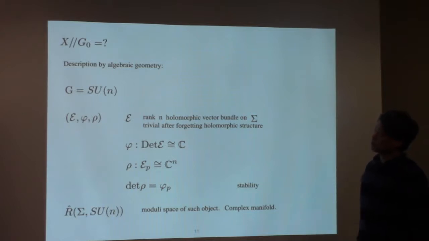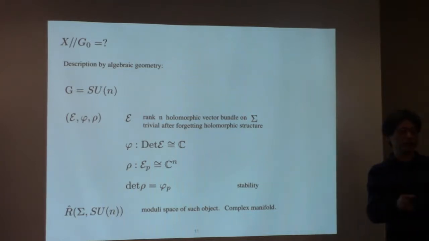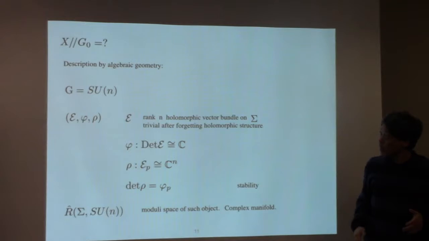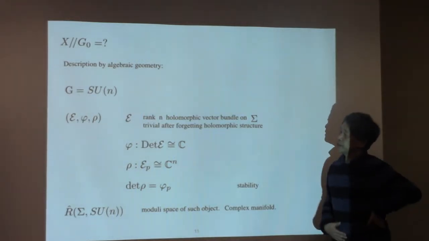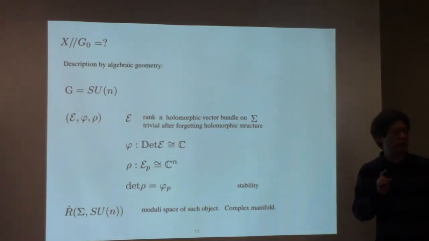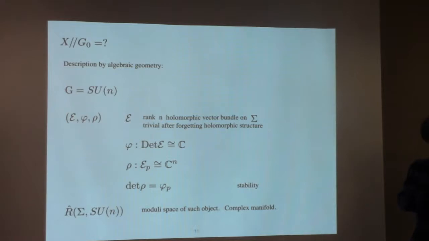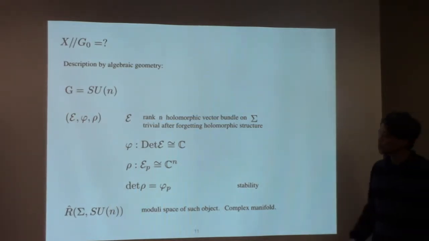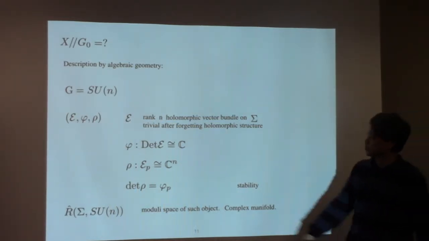Let me consider the special case that your gauge group is SU(N). Then we consider this triple (E, φ, ρ), where E is a rank n holomorphic vector bundle on your Riemann surface, so you have an integrable complex structure, and φ is a trivialization of the determinant bundle.